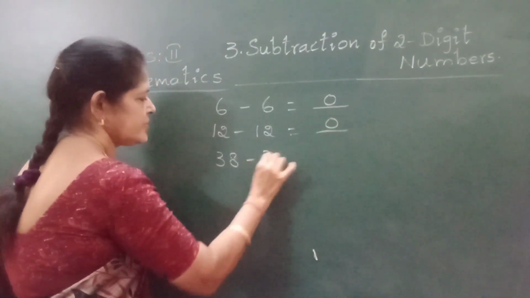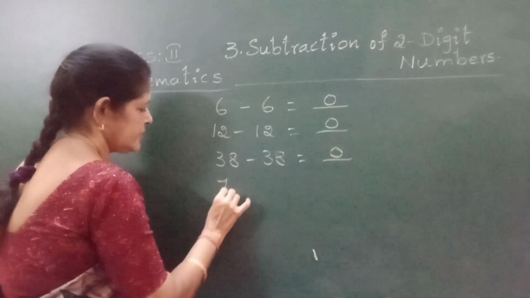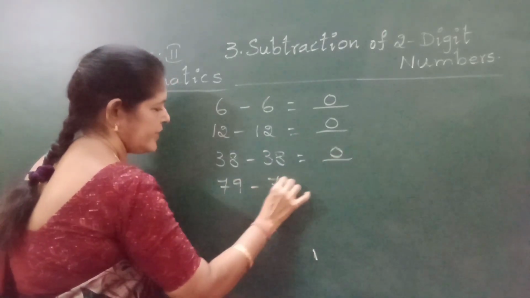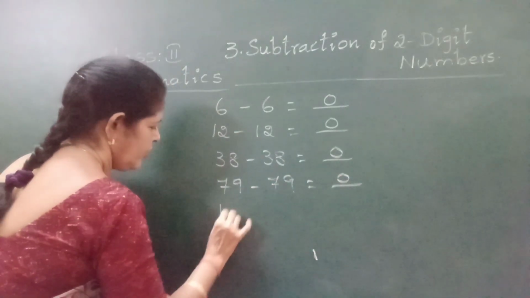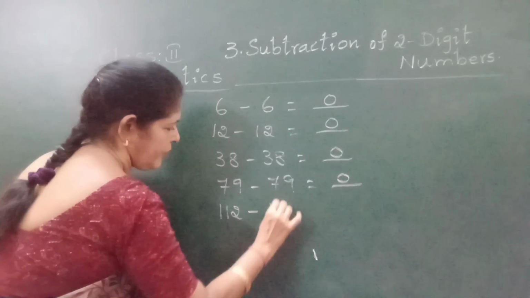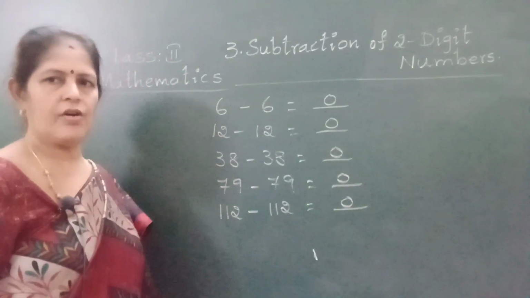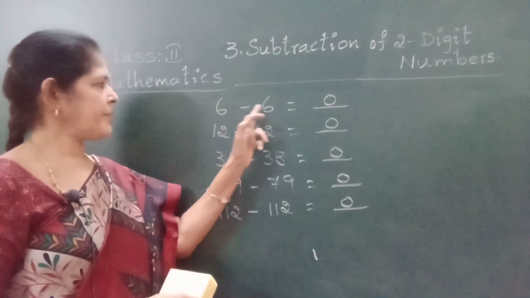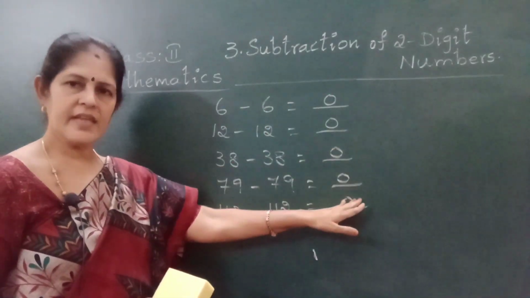38 minus 38. 0. 79 minus 79. Difference is 0. 112 minus 112. Difference is 0. Okay? We subtract a number from itself. The difference is 0.